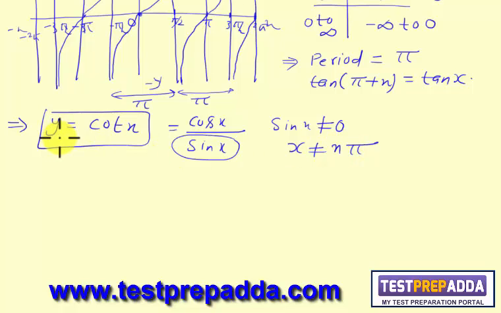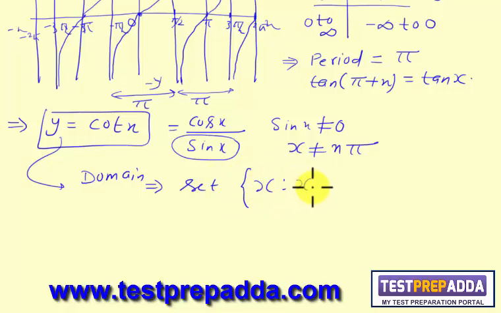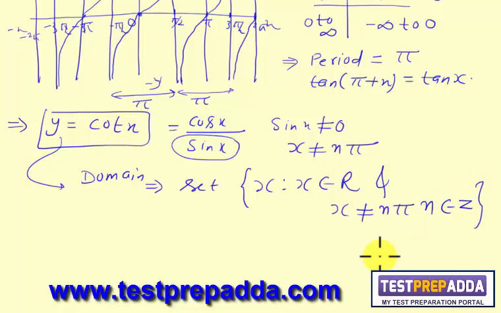That is why the domain of this is the set of x, such that x belongs to real numbers, and this x should not be equal to n pi, where n is an integer.